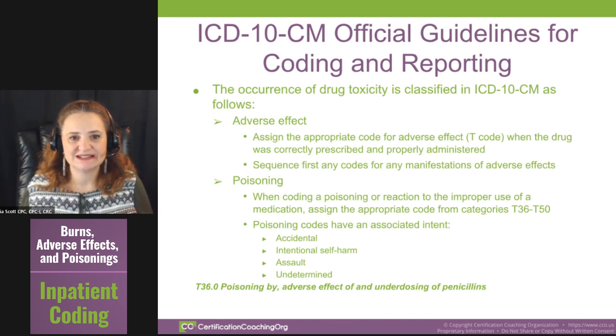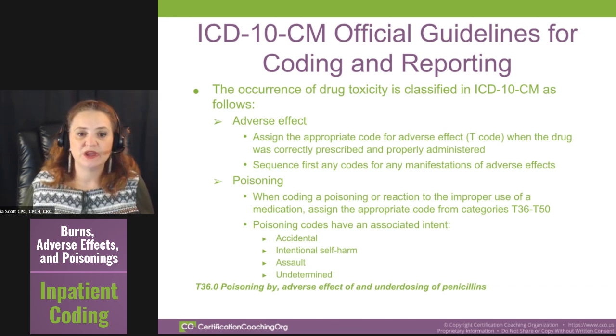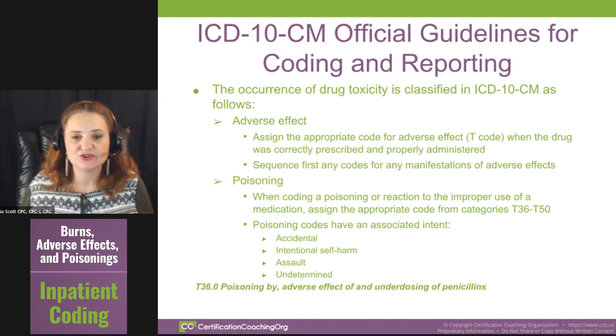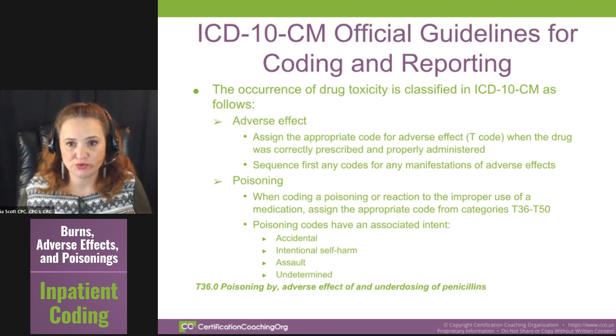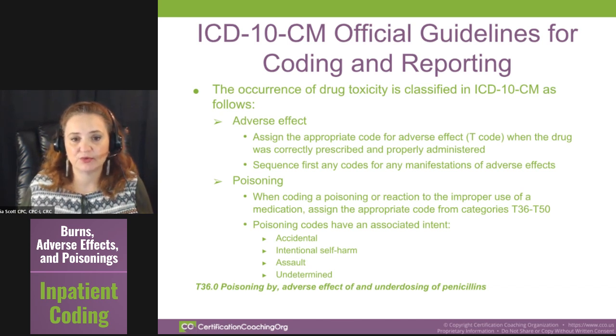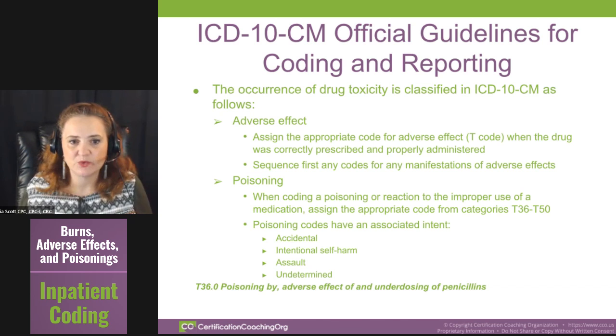When we have drug toxicity, that's like a poisoning. So we can have adverse effects. These are going to be T codes. What you're going to do is go to the T codes and peruse them in the tabular to see what is actually available to you.